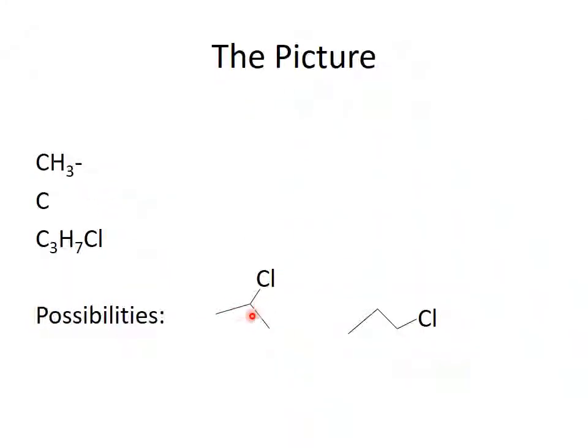If I were to cleave this bond and lose a methyl free radical, that would leave a positive charge here. Chlorines have non-bonding pairs that can stabilize a positive charge there.